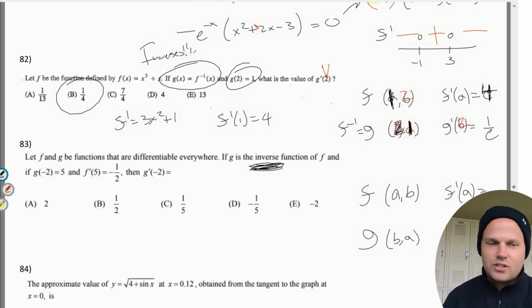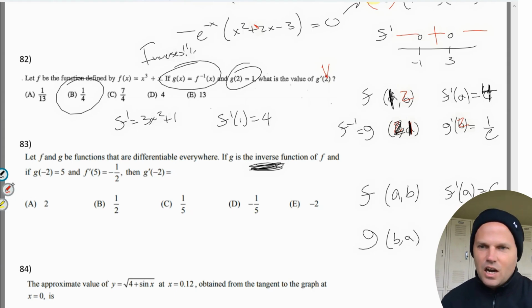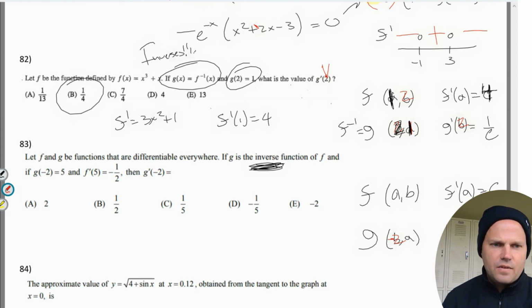As long as you don't use X's or Y's. All right, so I'm told what is G prime of -2. I need F prime when the Y coordinate is -2. I have G of -2 is 5, which means this is 5.